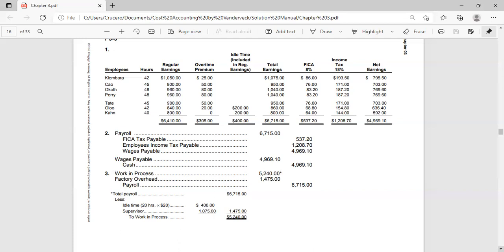So we now consider the total earnings of 6,715, and then the FICA tax is 8% of the gross. The income tax is also 8% of the gross. So you try to see the gross of Kiambara is 1,075, then 8% of that is equal to 86.